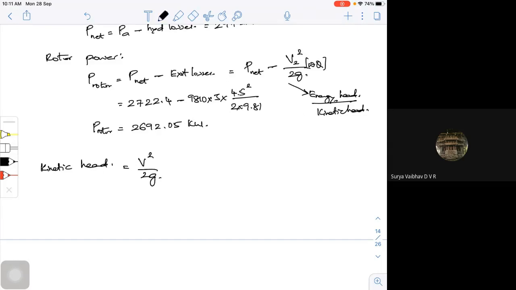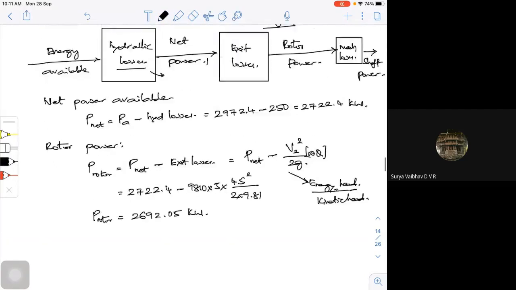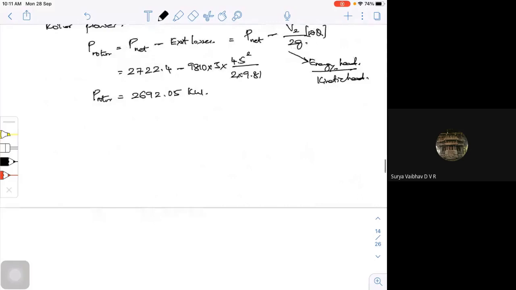Okay, fine. Now once I have this, actually I got 2692. Now I need to find what is the shaft power. Your shaft power is equal to your rotor power minus your mechanical losses.